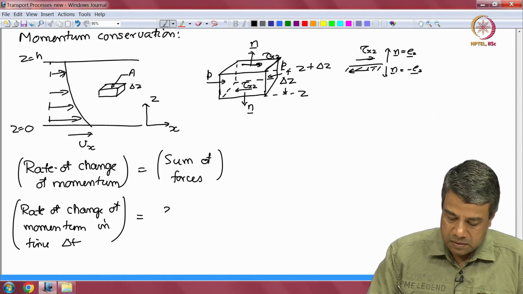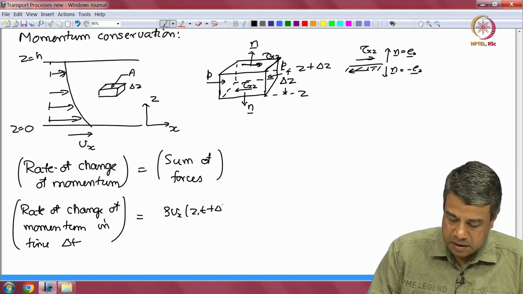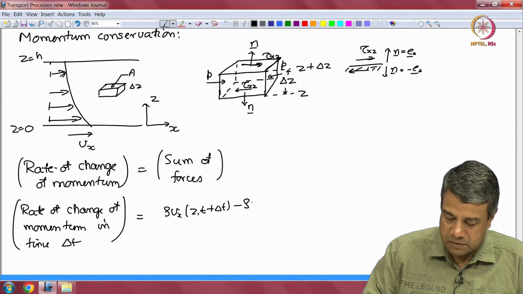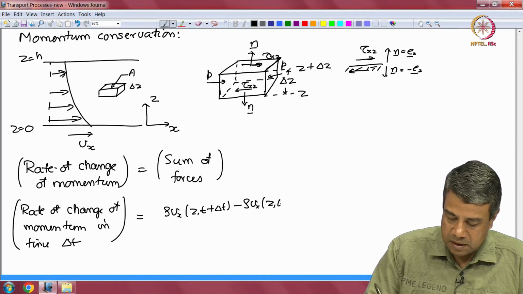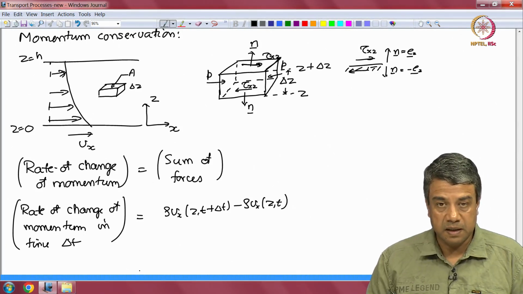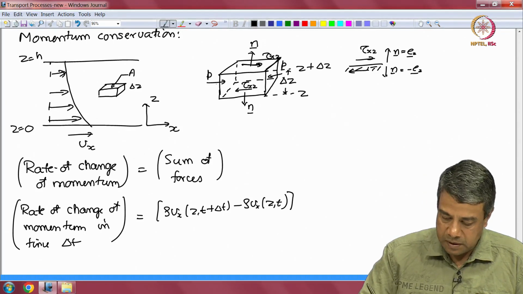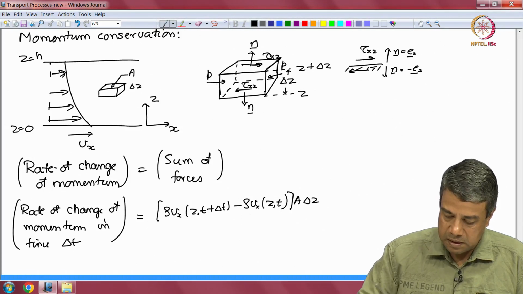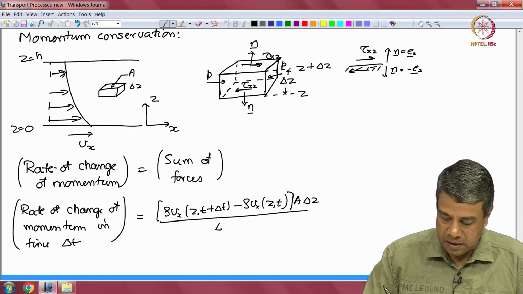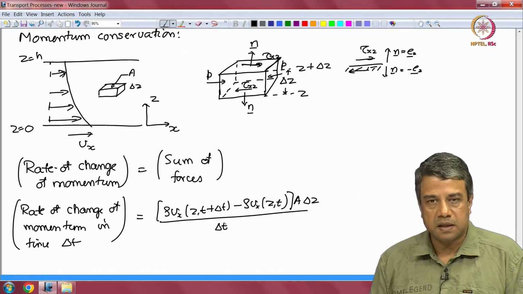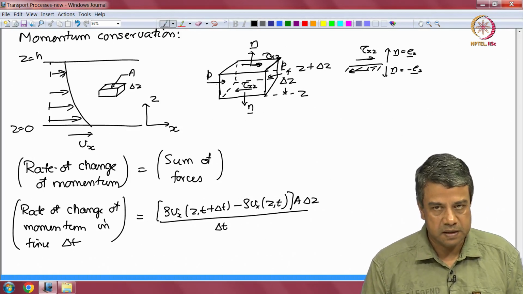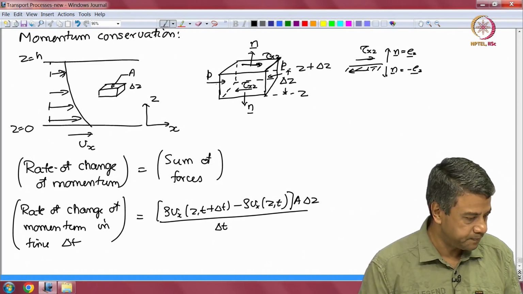So, it is equal to rho v x at t plus delta t minus rho v x at t. This is the momentum density. I have to multiply it by the volume, which is a delta z, divided by delta t. That is the rate of change of momentum.